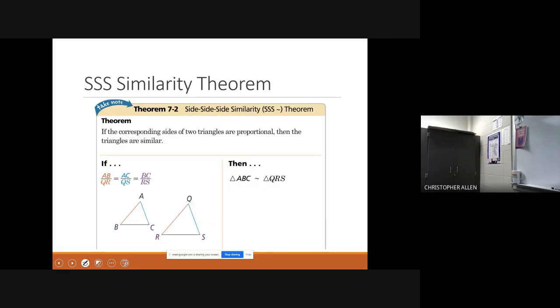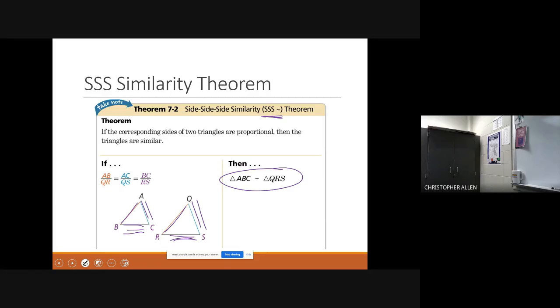Now, here's our third similarity theorem. Again, this is something similar to what we've done in the past. This one's called SSS. So here's what this one's saying. If AB is to QR as AC is to QS, as BC is to RS, then both triangles are similar.